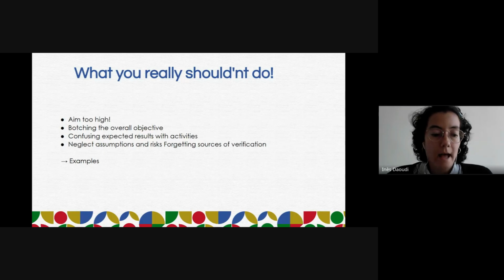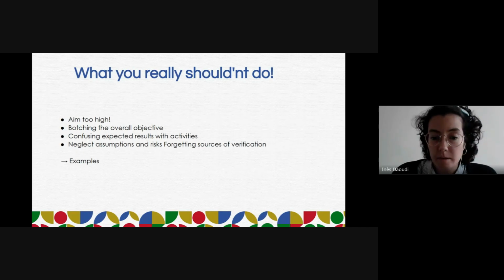So it is, I think, also a way of showing your donor, okay, we want to implement this project with those activities, those results, but we are aware that there is this risk or this assumption that may happen. And it's also a proof that you are relevant and that you are trustful, because you know this could happen, and we are going to do our best for the risk to not happen, but sometimes you cannot when it's beyond your control.